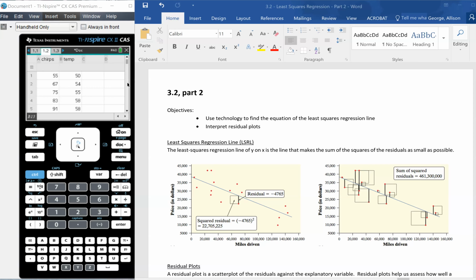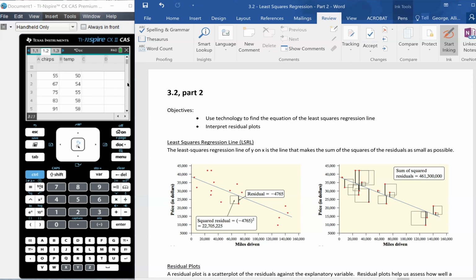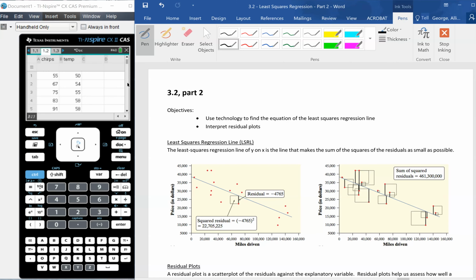These pictures here are talking to you about how they find it. What they want to do is find the line that makes the summation of the residuals squared be the smallest it could possibly be. I don't need you to know that. You won't have to do any math with that. You're just going to mash buttons and the calculator's going to spit it out at you.